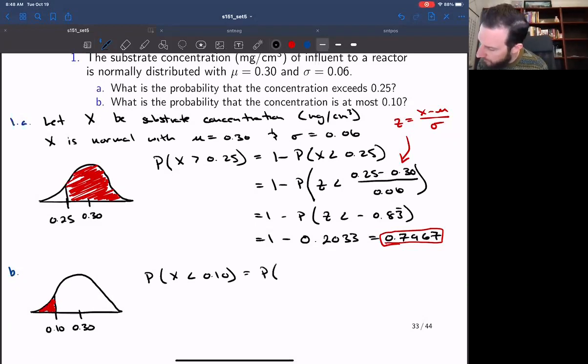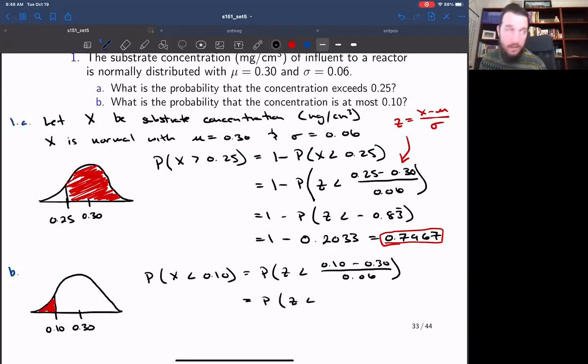This is the probability that z is less than (0.1 minus 0.3) divided by 0.06, which is the probability that z is less than negative 3.33. Actually, sorry, for clarity this is going to be 3.33 repeating.